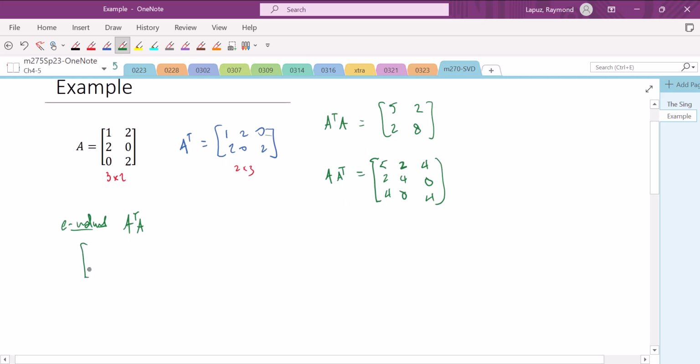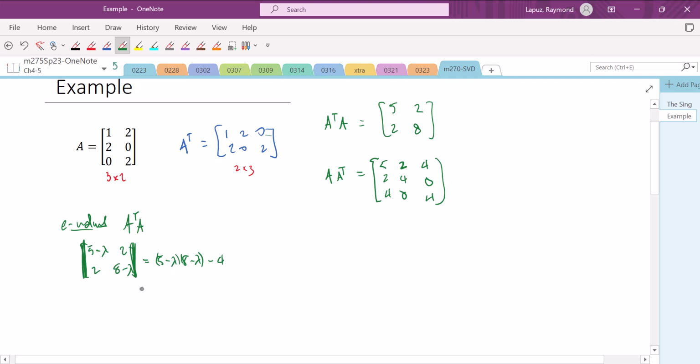This is going to be 5 minus lambda, 2, 8 minus lambda. If we find the determinant of that, the characteristic polynomial would be 5 minus lambda times 8 minus lambda, minus 2 times 2 is 4.